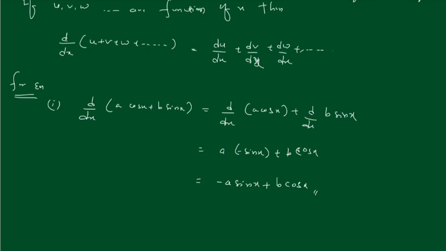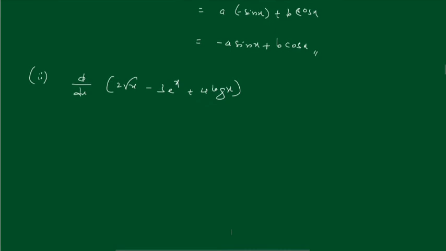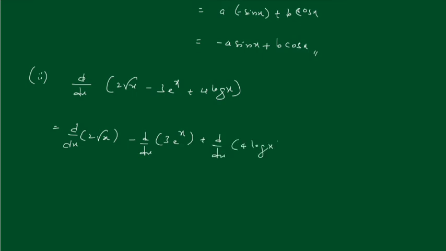So next, one more example: d by dx of 2 root x minus 3 to the power of x plus 4 log x, which can be written as d by dx of 2 root x minus d by dx of 3 to the power of x plus d by dx of 4 log x.